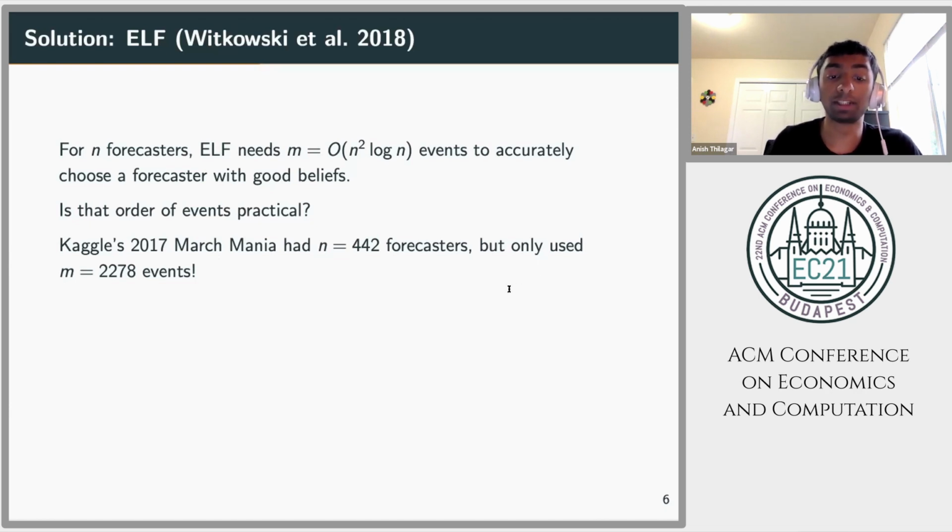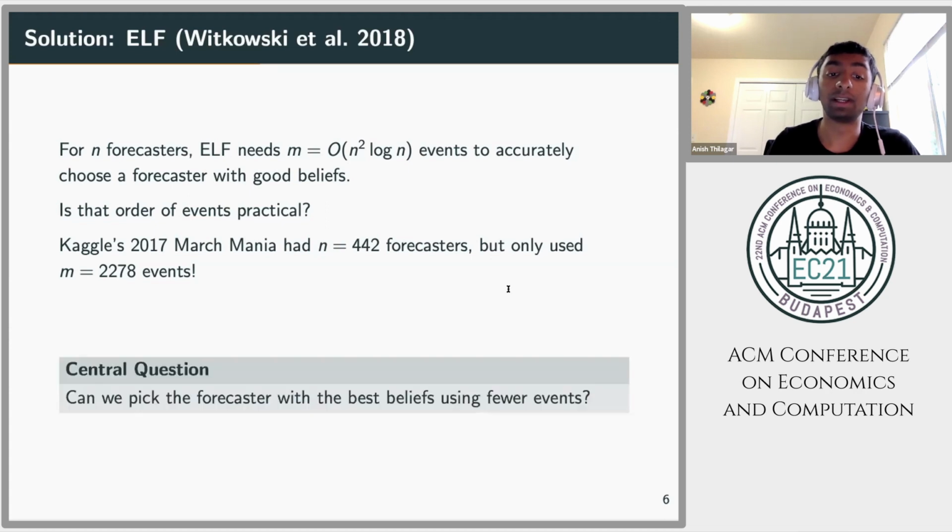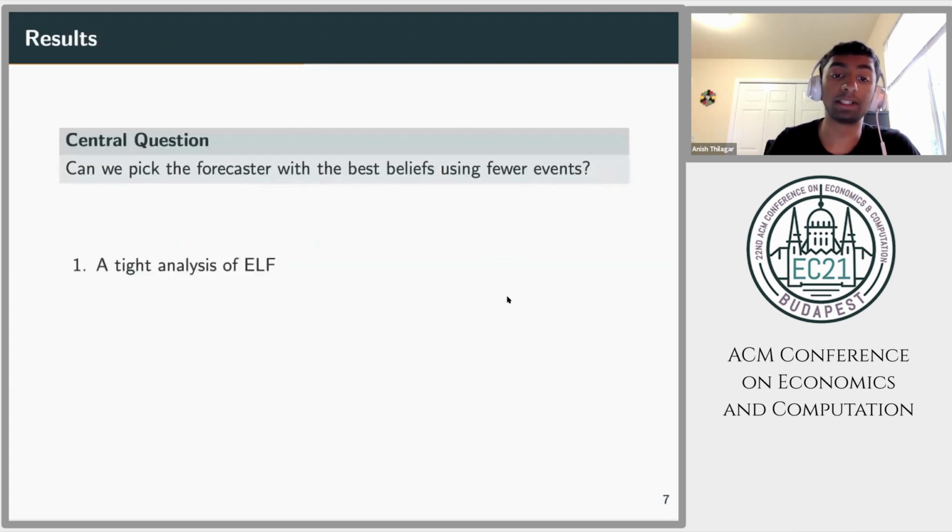So this motivates our central question, which is, can we pick a forecaster with the best beliefs using fewer events? To answer this, we showed 3 results. The first is a tighter analysis of ELF. We showed that ELF actually can do better than n squared log n. It only needs n log n events.